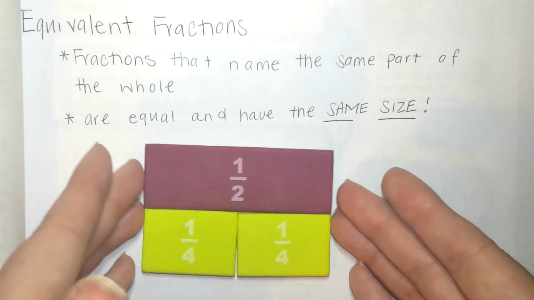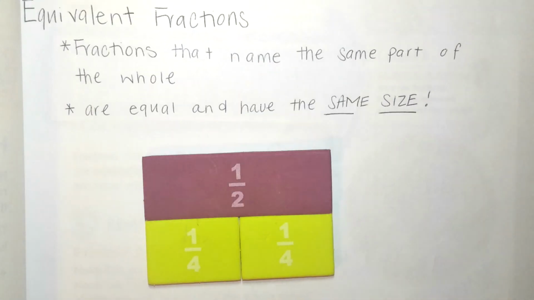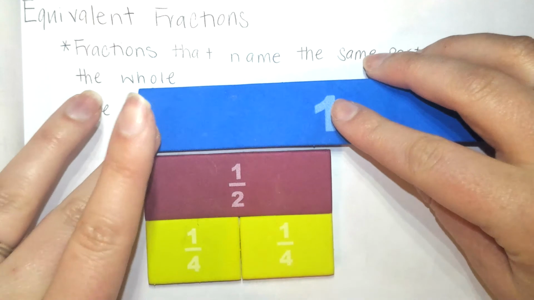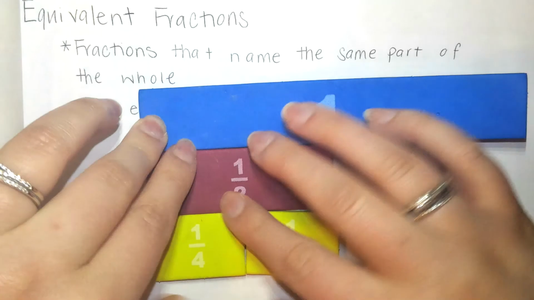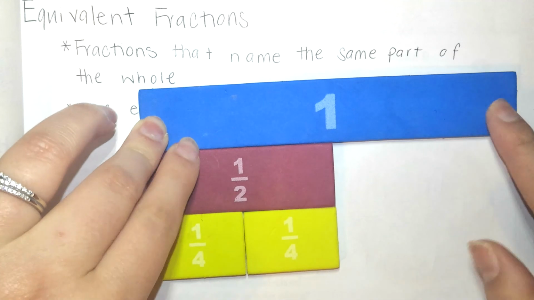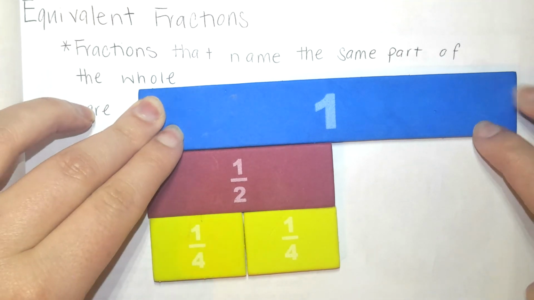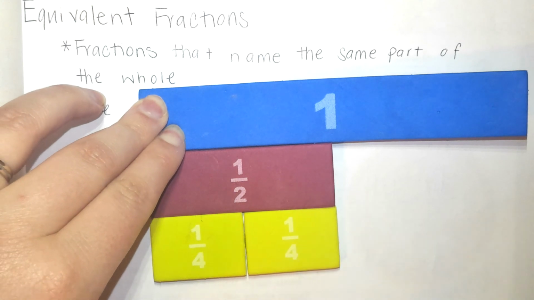You can see that because they take up the same amount of space. They line up just perfectly with each other. If I put my 1/2 fraction tile here, you can see that my 1/2 is 1/2 in length of the blue fraction, and that it is also the same as these 2/4 fraction tiles.